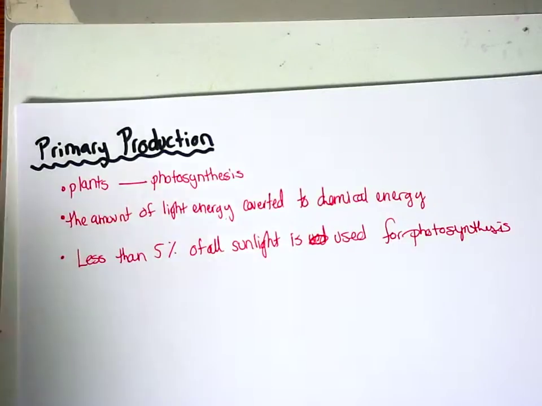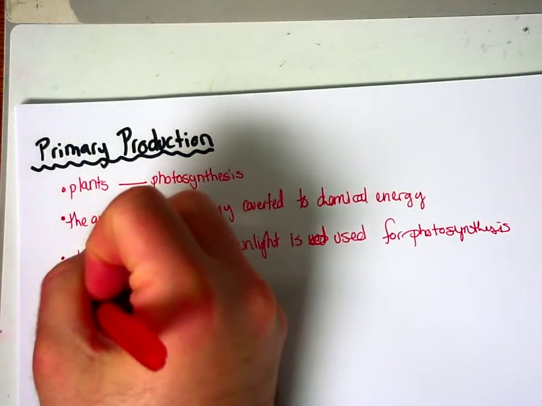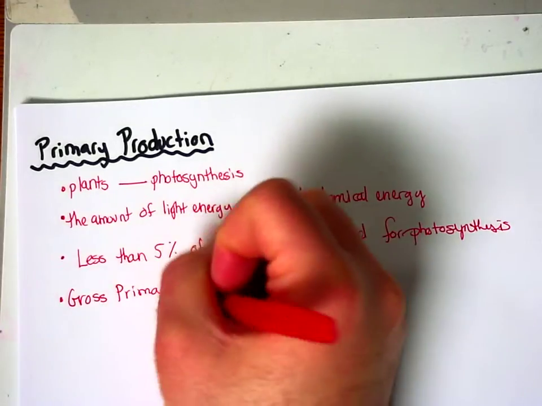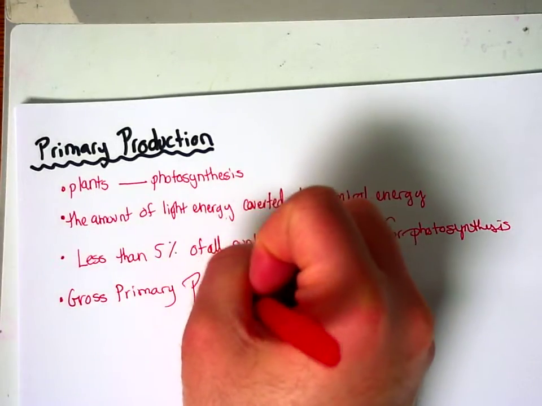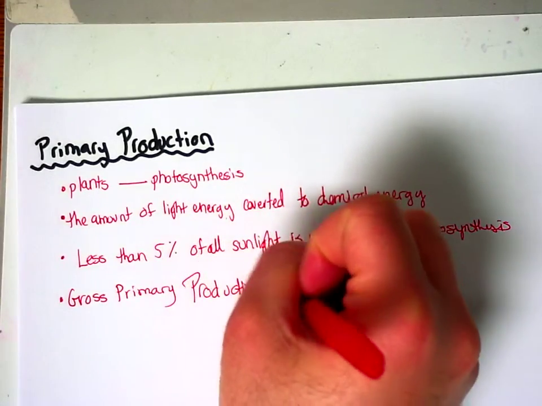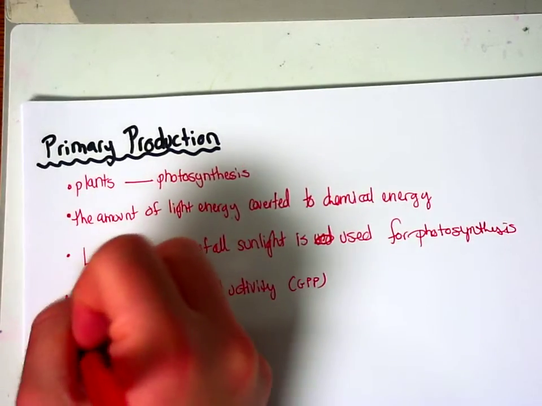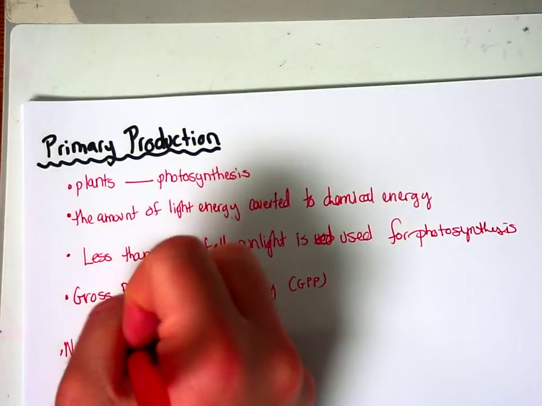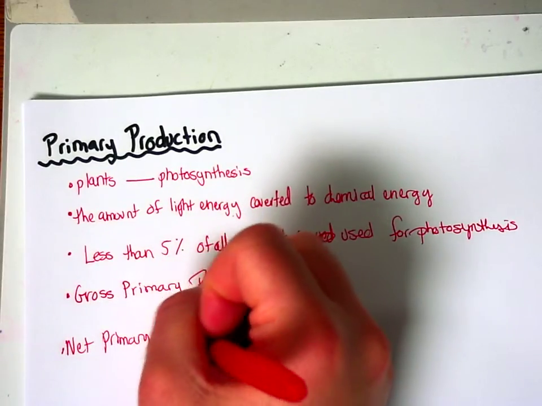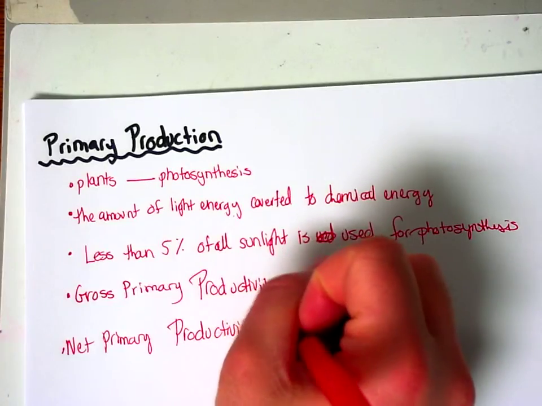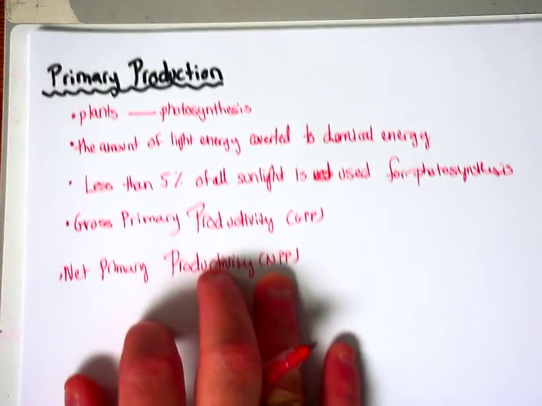We probably should talk about gross primary productivity, as opposed to net primary productivity. Still under primary production. What is net versus gross?